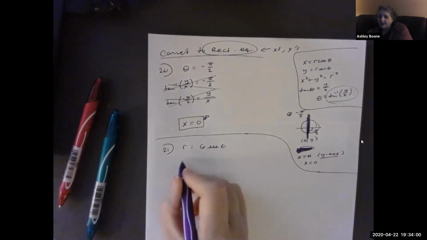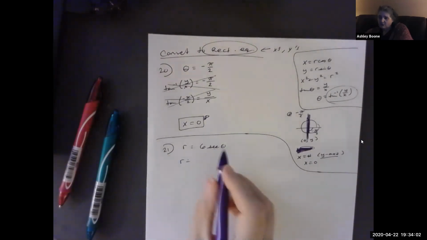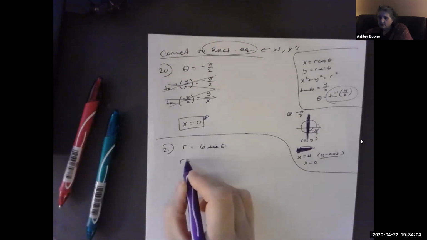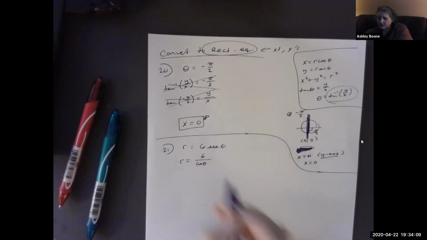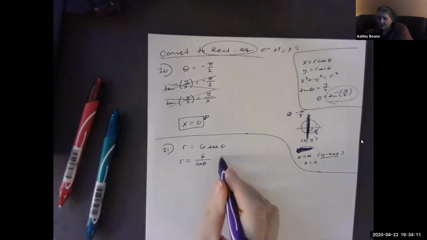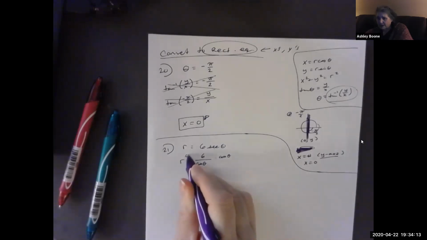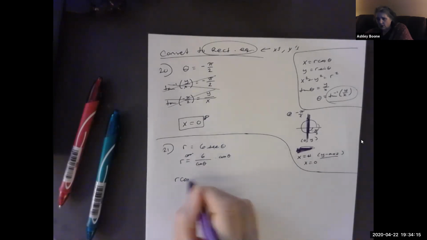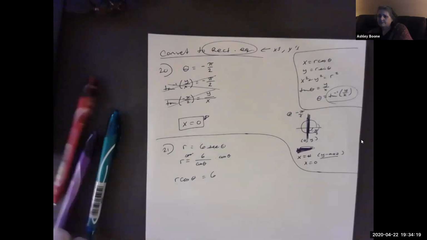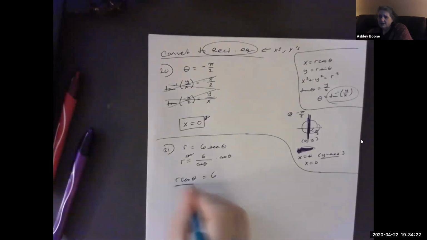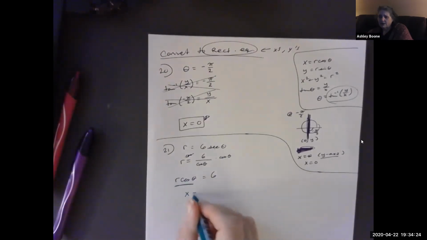I could think of this as the reciprocal of secant is cosine, so that's 6 over the cosine theta. I could multiply both sides by cosine theta. So that gives me r cosine theta equals 6. Look at that. R cosine theta, we know is x. That gives me x equals 6.